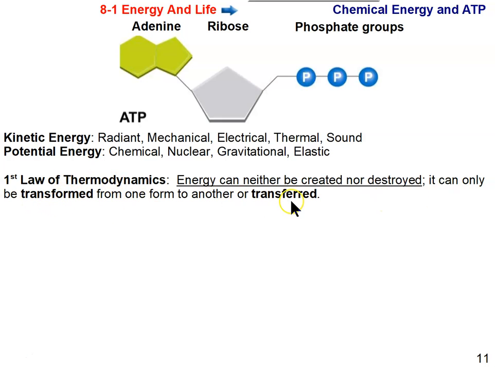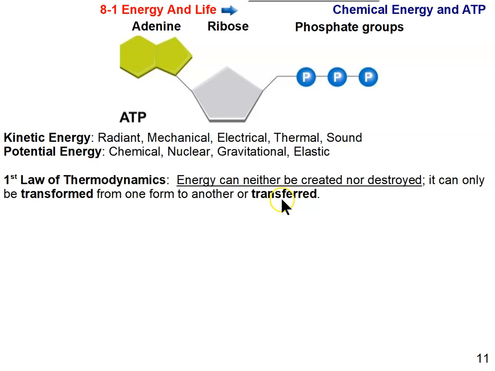So it's improper to say that photosynthesis or chemosynthesis is creating energy or producing energy. The better way to say it is that it's capturing the energy and transforming and/or transferring that energy from one chemical source to another, for example. So when you're going from one type of energy to another, like light to chemical, that's transformation.